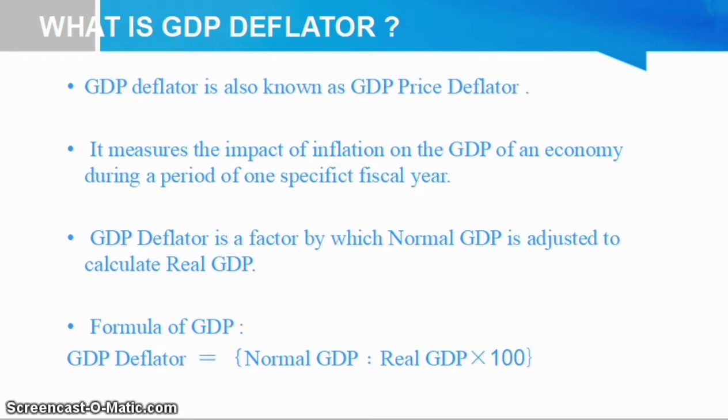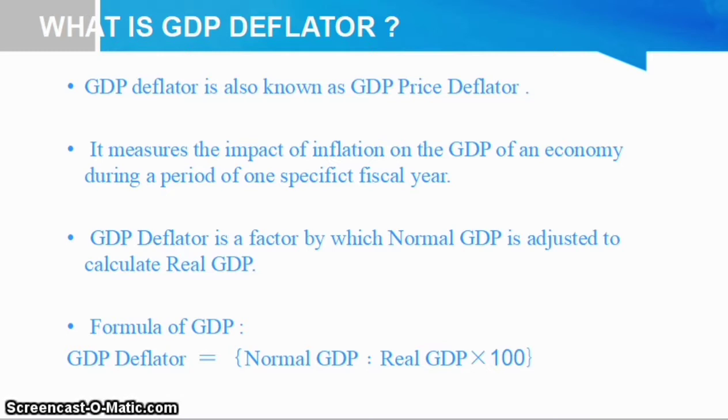Therefore, if there was no inflation involved, the nominal GDP would equal the real GDP. The GDP deflator calculates the impact of inflation on the finished goods and products by converting an economic output into current price, thereby demonstrating the impact of inflation on the GDP change.